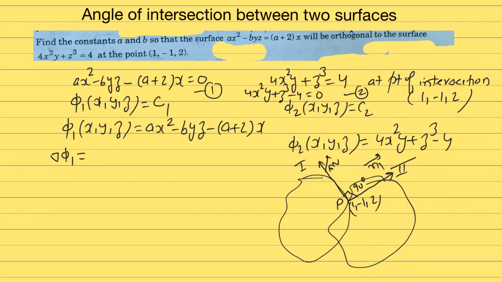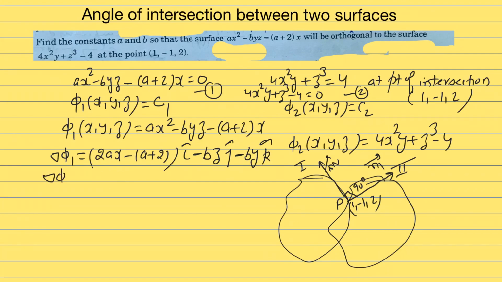It will be 2ax minus a plus 2 i cap, minus bz j cap, minus by k cap.